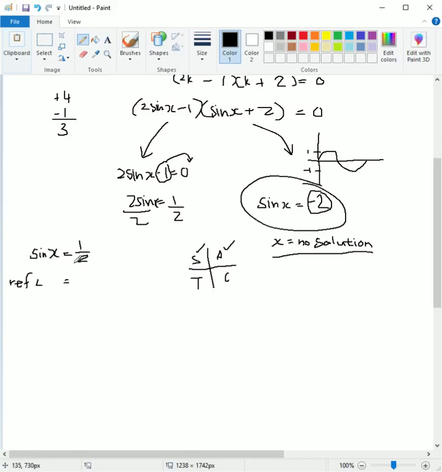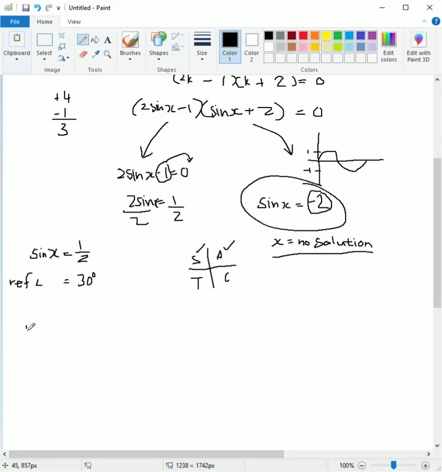That is one we should know. I'm going to use my calculator, but I think we should know that that is going to be 30 degrees. If you don't know that, we know that from our special triangles. I think I might have made a video on the grade 10 special triangles, so go check that out. Anyway, sine x equals a half, so the reference angle is 30 degrees.